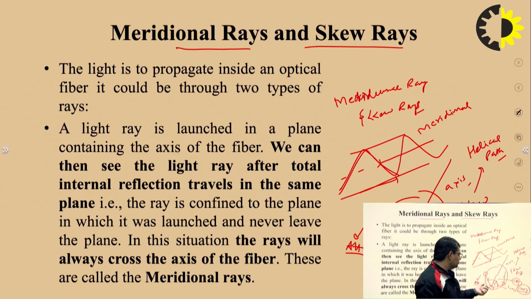In the skew ray the number of reflections is more, so the attenuation is also more. Moreover, the skew ray changes plane after every reflection; that is, it does not lie in the same plane after each reflection. So these are some basic differences.